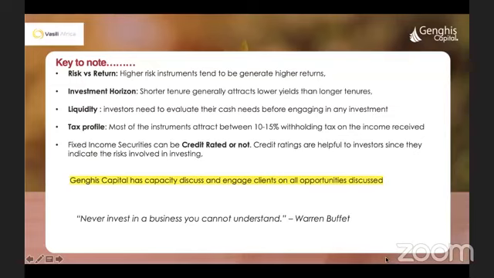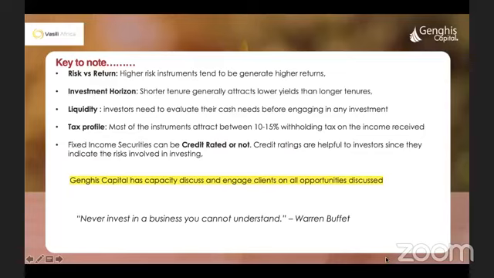Investment horizon: longer dated instruments tend to pay higher compared to shorter dated instruments. If I'm investing in a 2-year government bond and another person is investing in a 10-year government bond, we can't get the same rate, because the 10-year investor will have to be paid for the excess duration they are taking over and above the 2-year instrument.